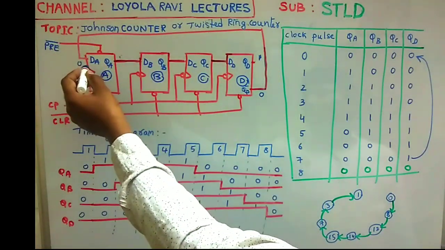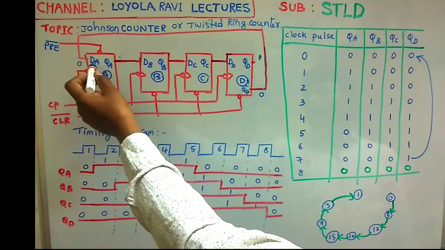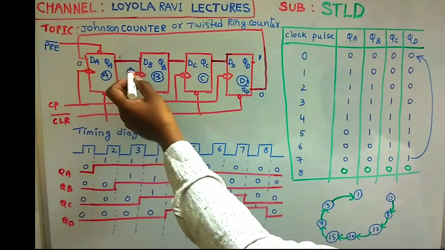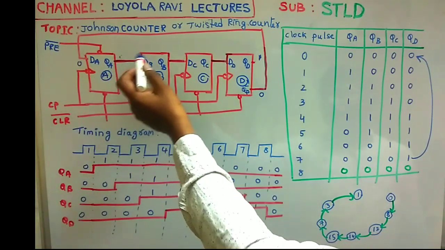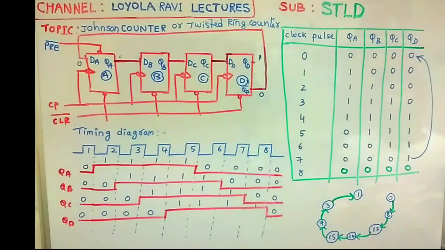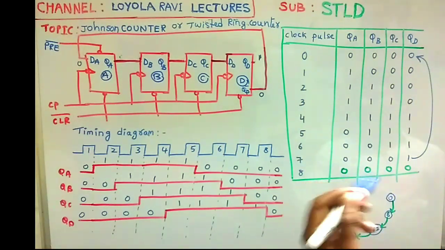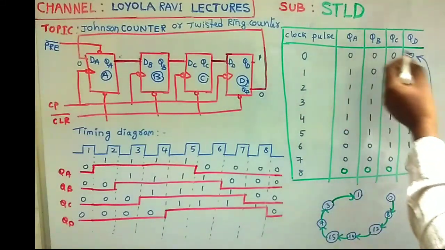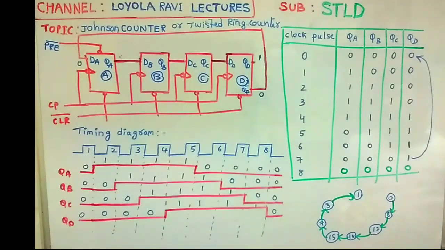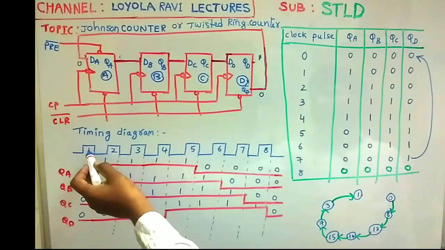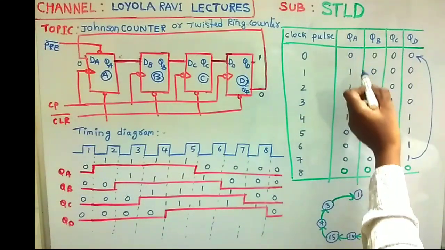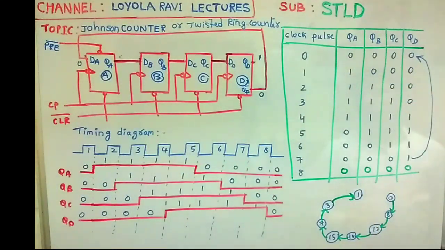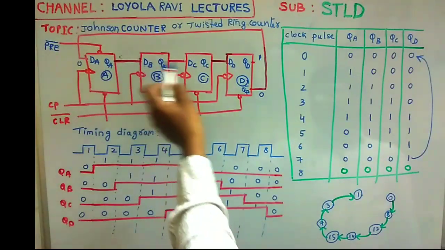Then 1 goes to DA. So QA is equal to 1 and that is connecting to input of DB and so on. Like that we are checking the corresponding QA, QB, QC, QD. The initial state without applying clock pulse is all zeros. When you apply first clock pulse, QA becomes 1, remaining all are 0.